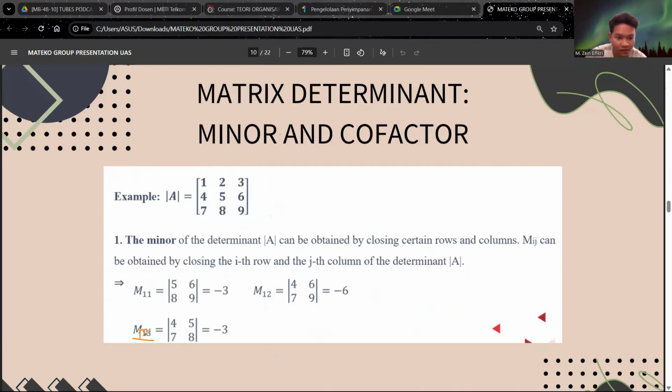We have 1 for the row and 3 for the column. Don't forget to close it. Then we have 4, 5, 7, 8, right? And the results are minus 3, minus 6, minus 3, like that. Okay?